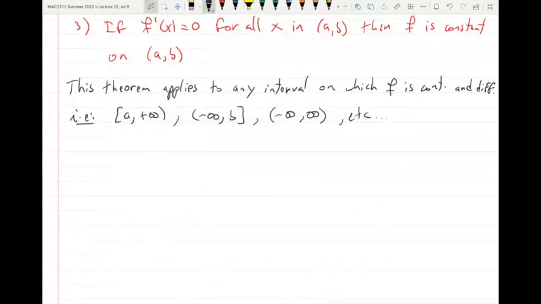All right, so let's do examples to see how we can find this.